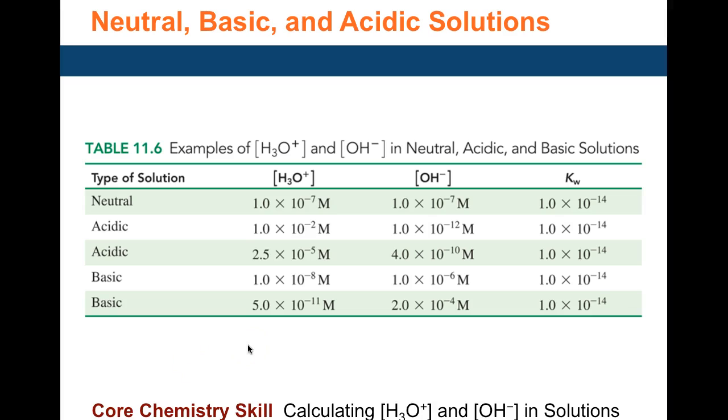So in a neutral solution, they're both equal, 1 times 10 power negative 7, both H3O plus and OH minus. Kw is therefore 1 times 10 power negative 14, the product of the two. In an acid solution, suppose H3O plus is 1 times 10 power negative 2, then OH minus has to be 1 times 10 power negative 12.